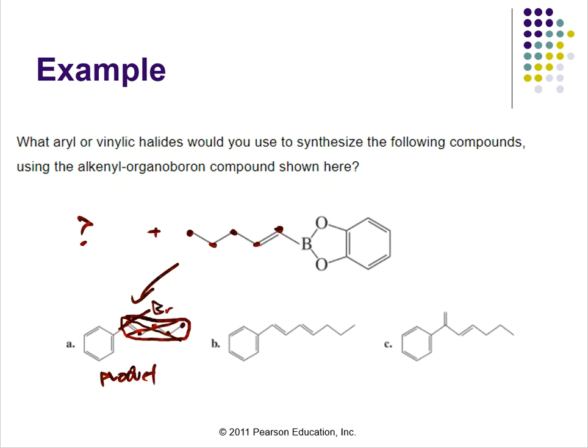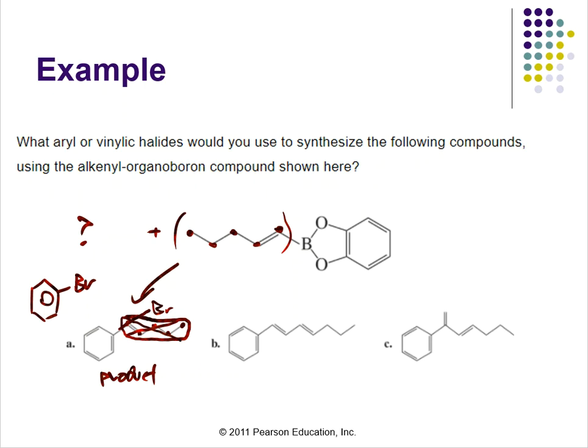So that means that for part A, this was made by taking this ring with a bromo group on it. And we took the bromine off, and we replaced it with this carbon chain. Carbon, double bond, carbon, carbon, carbon, carbon. There you go. That's all that there was.